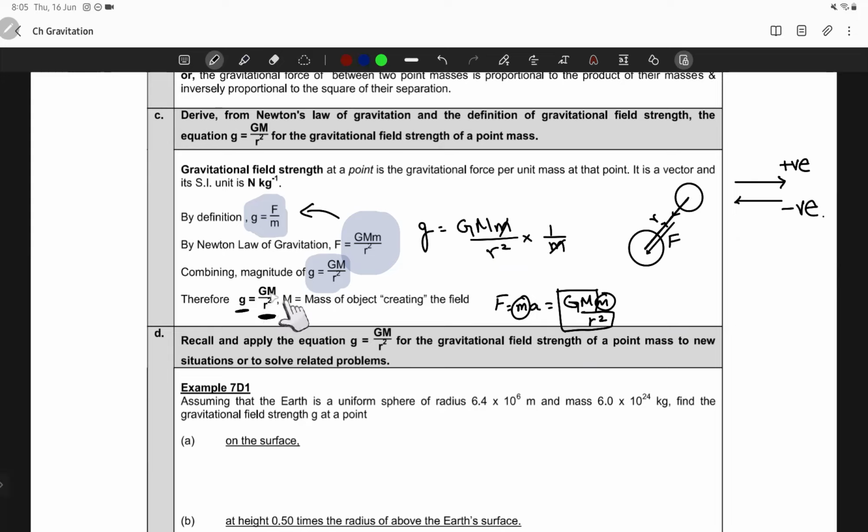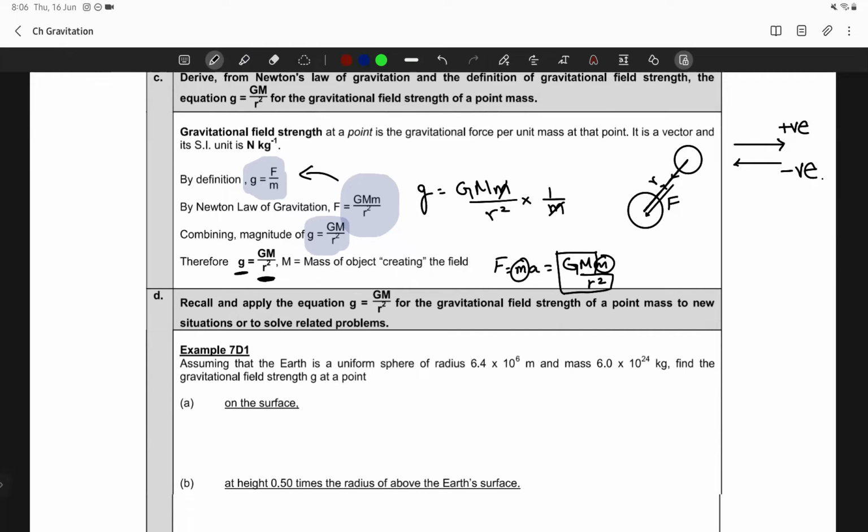And you can see that this gravitational field strength is independent of any other mass in the vicinity of this capital M, which is creating the gravitational field. That's what we discussed in the last lecture, where I think it ended, if I'm not wrong.